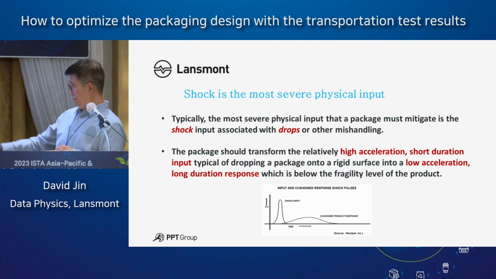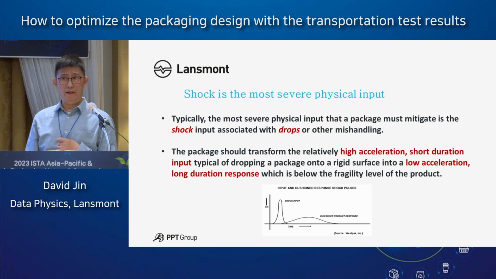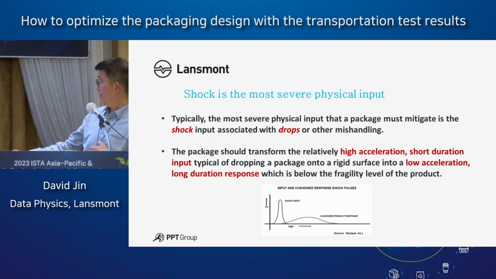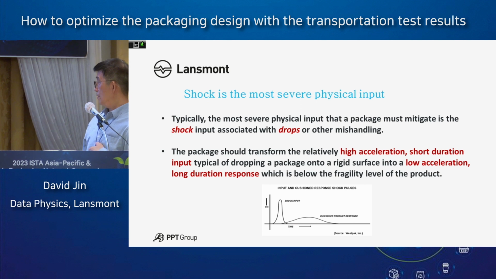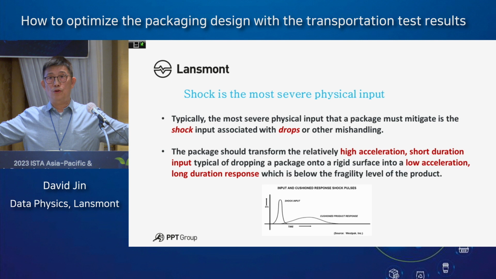So one of our customers, called Westpac in the US, drew this typical curve. They showed the cushion is doing something like this, to make the peak lower and the duration longer.